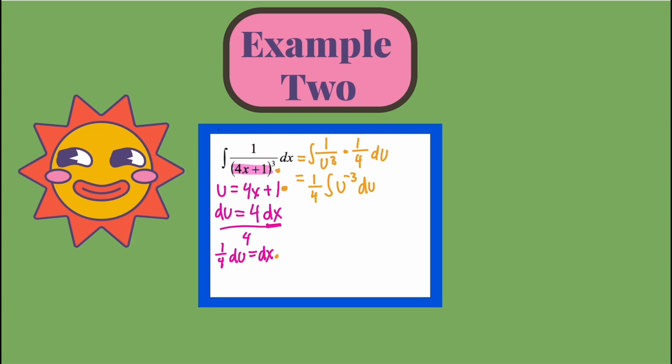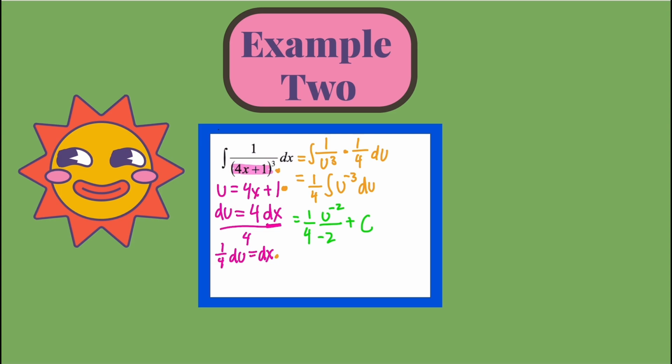Now that we've successfully rewritten our original integral with the u substitutions, we're going to move on and find the antiderivative of our new integral. So it's going to be 1/4 times u to the negative 2, because we're adding 1, over negative 2, plus c.